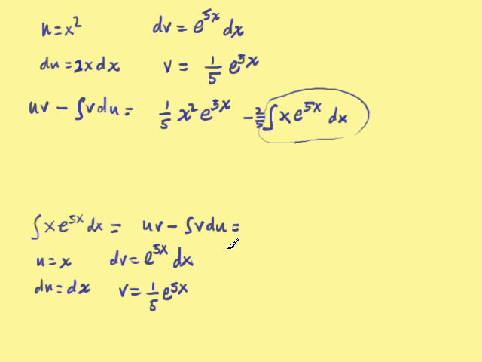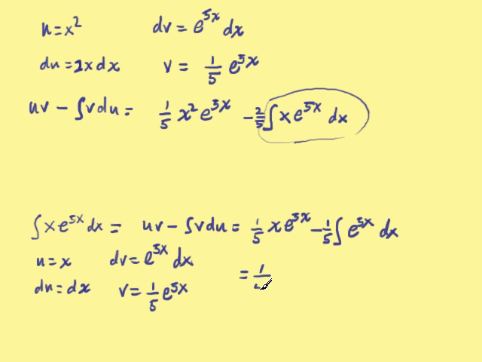That's uv is 1/5 x e to the 5x minus the integral of v du, minus 1/5 e to the 5x. All right, we just have to evaluate this. Okay, so let's do that here.